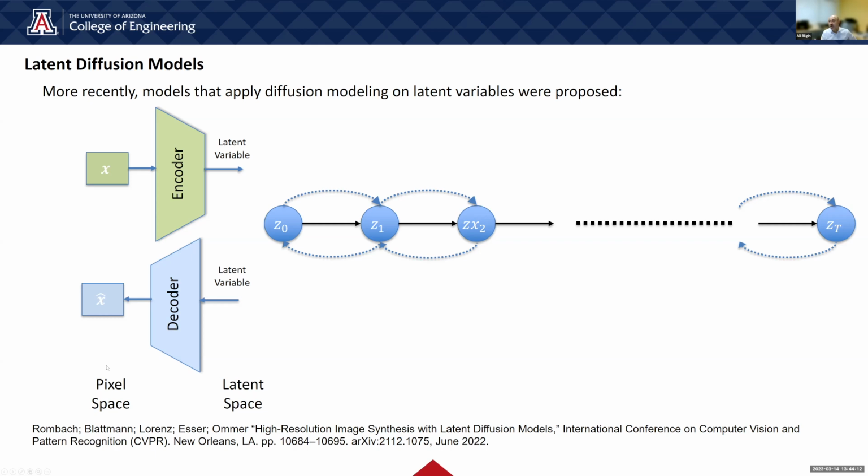This works really well, and it has allowed people to build much bigger models, much higher resolution images, and so on. These latent diffusion models are a very hot topic now. If you've heard about stable diffusion, for example, it uses these latent models.